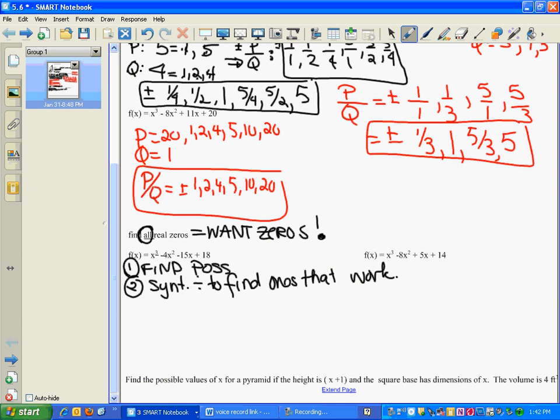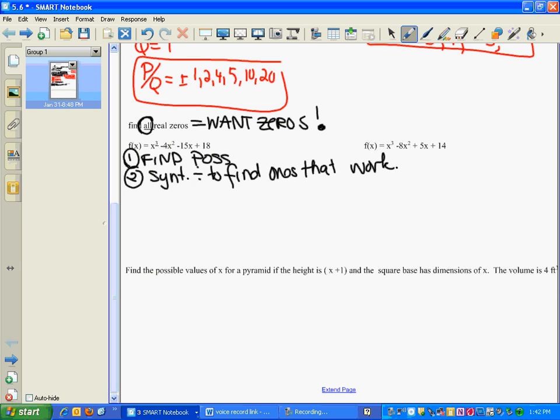So we find our possible roots by doing our P over our Q. I'm going to run out of space, so I'm just going to come down here. My P is 18. My Q is 1. So my P over my Q, would you agree, are just the factors of 18?